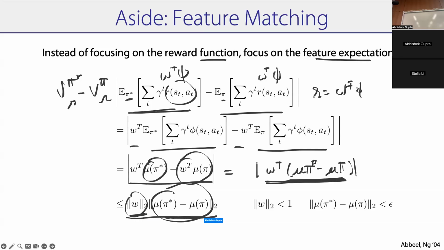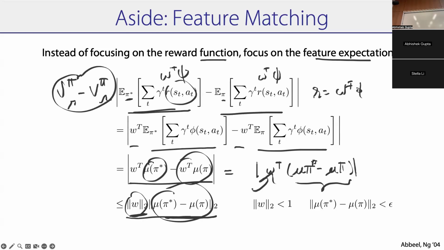difference norm. And so it's arguing that if the W norm was less than 1, and the feature norm was less than epsilon, then you can say the value difference is less than epsilon. Right? Intuitively, what this is saying is that if the expected features are close enough, then the value functions are close, as long as the W norm is bounded.